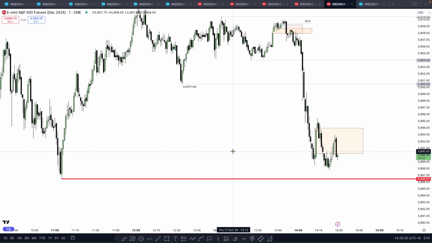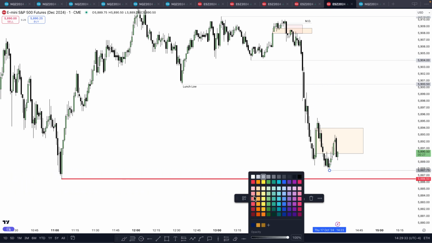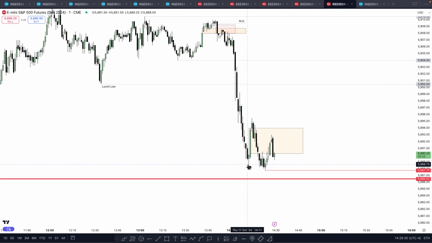Yes, the draw is still low today. Just engineering sell side liquidity. Again, it could just be waiting for the 250 macro, right? And that's how I would look at it. That's my perspective on the market.